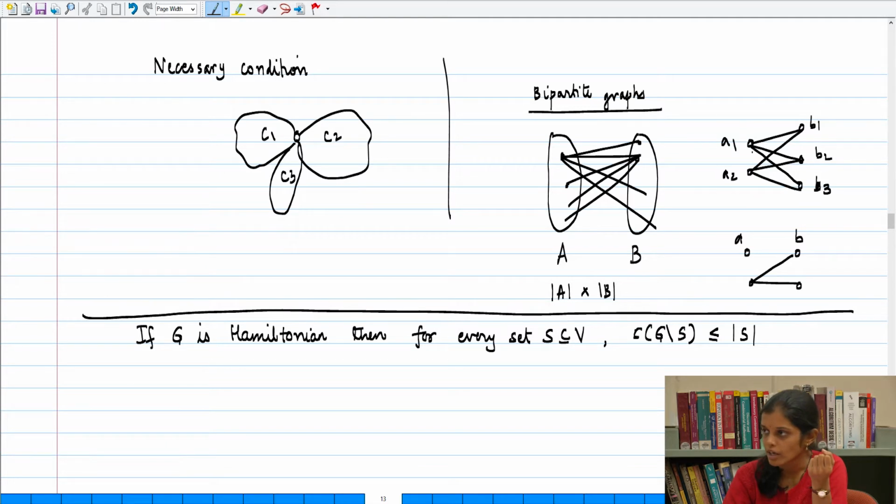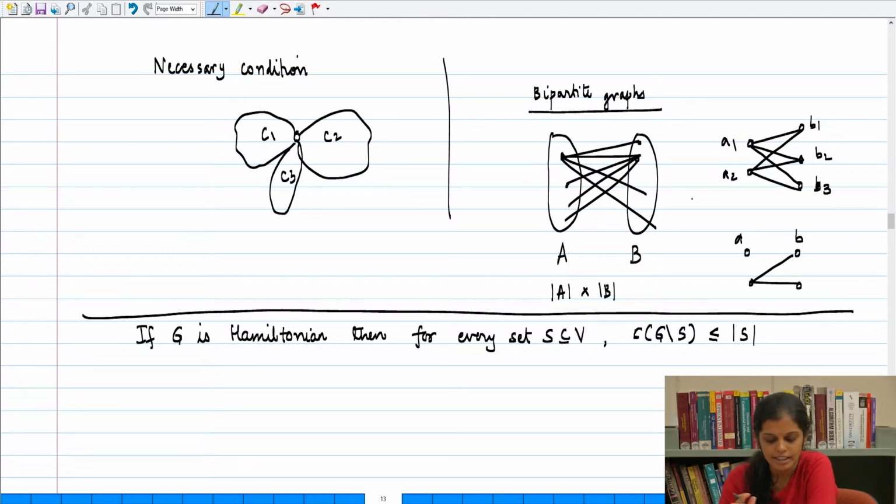That if you remove the smaller side, because the smaller set is also a candidate for the set of vertices S here, then it should have left you with a number of components that is less than or equal to the number of vertices on the side that you removed. But that will not happen because of the asymmetry, and you are removing the smaller side. You cannot hinge the argument on the larger side, because if you remove the larger side, the condition holds, right? But the condition should hold for all the sets S, and in particular the set of vertices on the smaller side is also a candidate set, right?